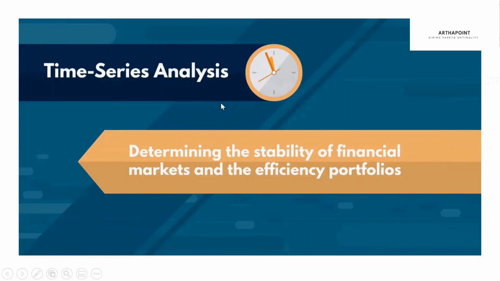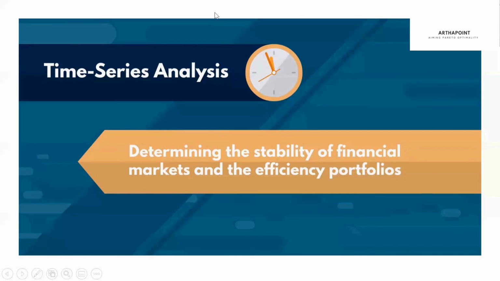Now, time series analysis can also be used for the stability of financial markets and portfolio efficiency. For example, if you're dealing in the stock market, you would have seen that I can use what happened in the past, what the share prices were in the past, what happened when there was a recession in the past, to predict what the share price will be in the future.